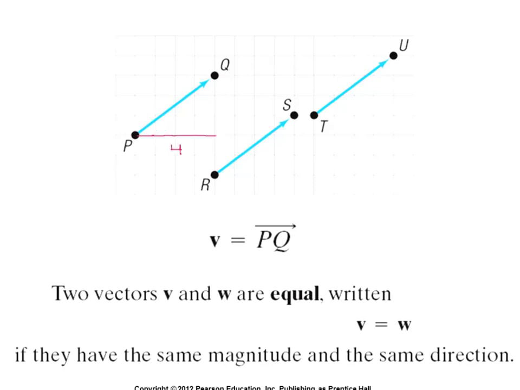So we have 4 in the x direction and 3 in the y direction, and here we have 4 in the x direction and 3 in the y direction. These vectors are exactly equivalent, even though they start in different places.